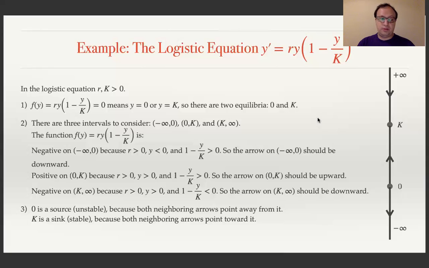So if the population is more or less in equilibrium, but there is some circumstance that makes it deviate from equilibrium, like some extra food that was not foreseen by the equation, or some extra predator that was not foreseen by the equation, and so the population is pushed away from equilibrium, then it will have a tendency to go back towards equilibrium. This is what it means that k is a stable equilibrium.